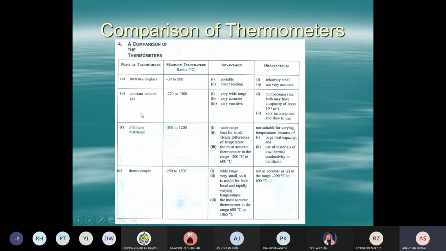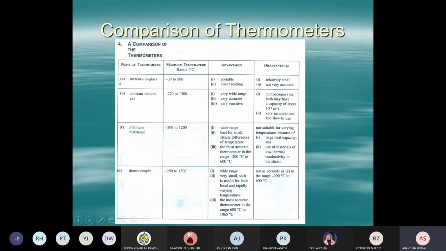Platinum resistance is the number one choice. Thermocouple is best for small bodies which have very little energy, like, as I said, a droplet of water on a leaf, or a small space where you want to measure temperature, maybe a part of an engine. In a certain part inside an engine, where you want to find the temperature, a thermocouple is used, and it is used for varying temperature.